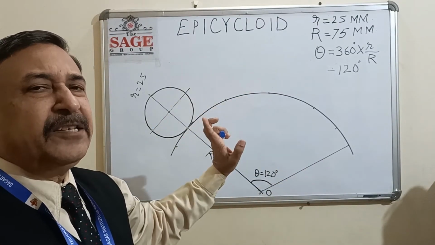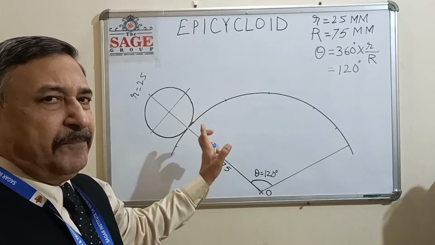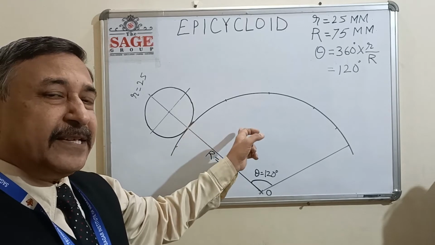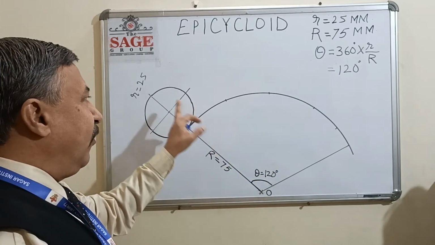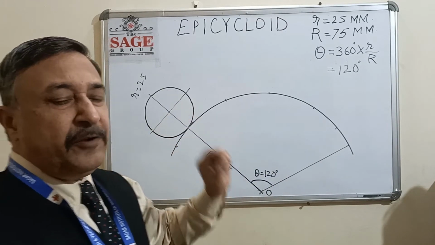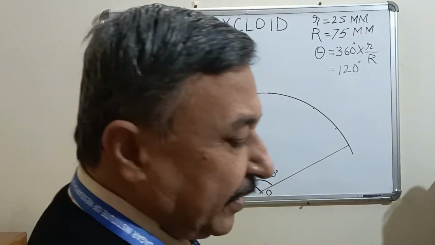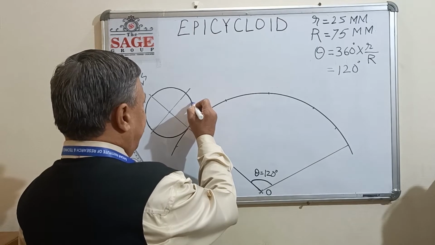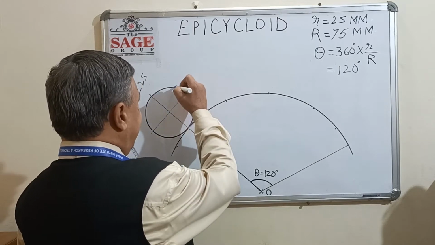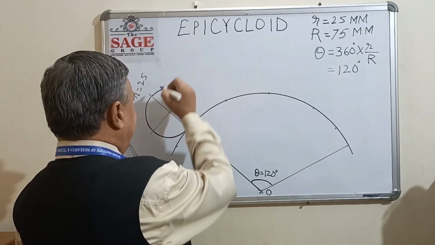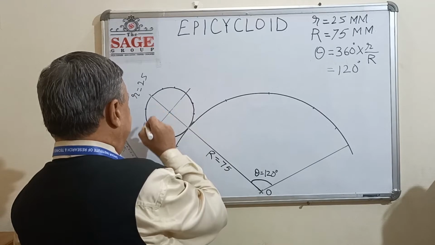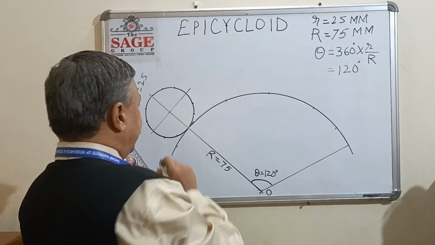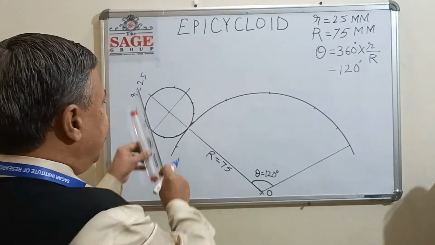The construction is almost the same as with cycloid. You can compare this construction with cycloid. Now divide this circle into 12 equal parts as usual. You know the construction of dividing a circle into 12 equal parts, so I am not showing it here.